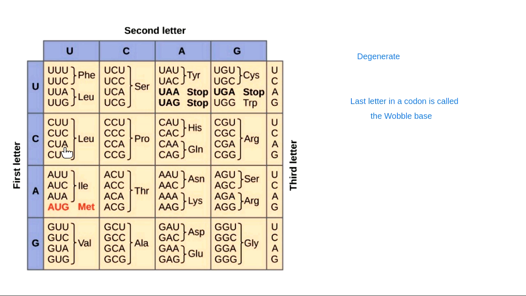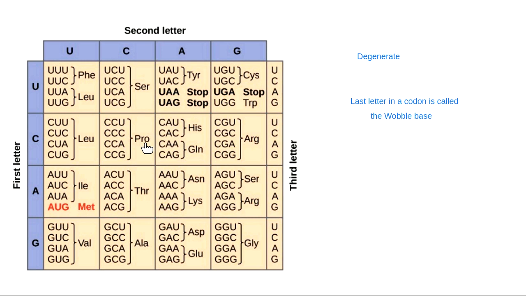So I have a question in the chat. If the middle letter is different, no, we do not always get the same result. So check this out. In this column here for proline, we said that if we have C, C, and then any letter, doesn't matter, CC-whatever gives me proline.